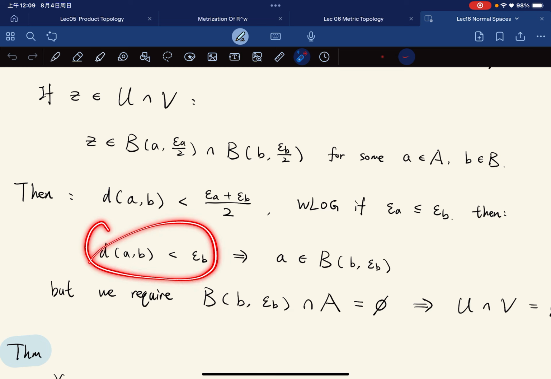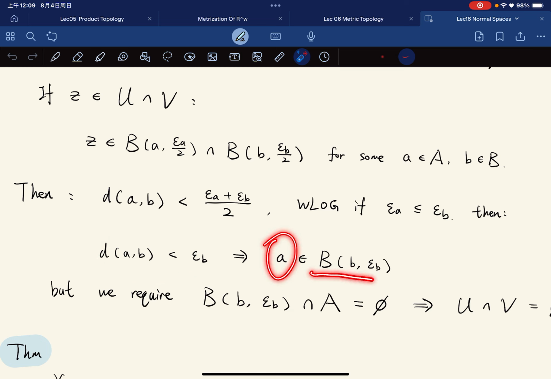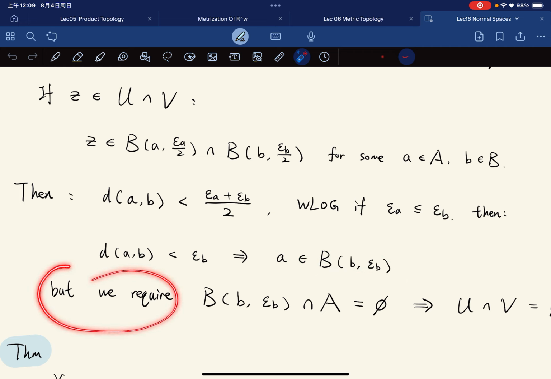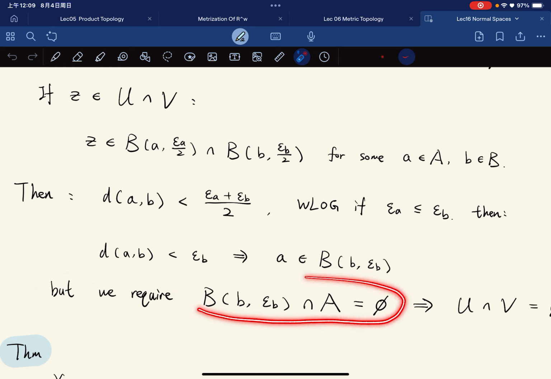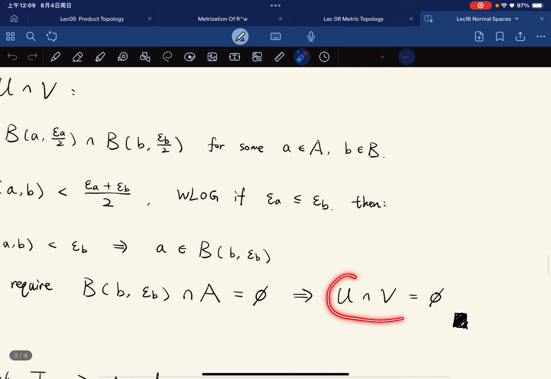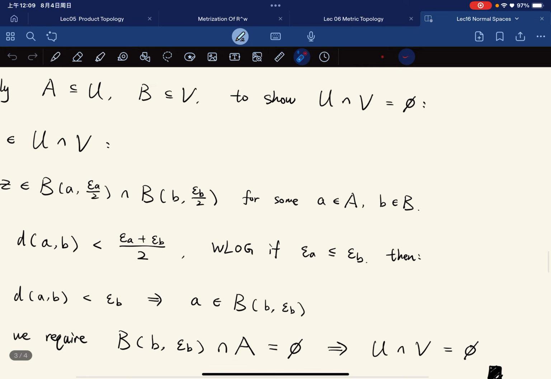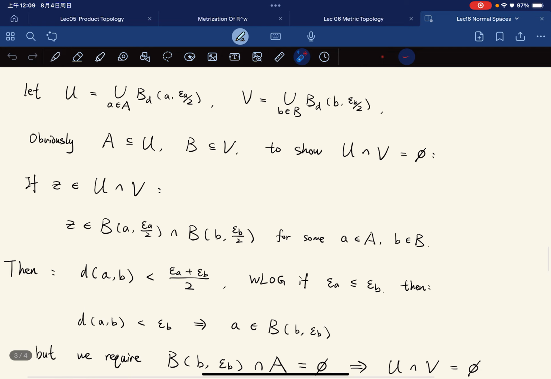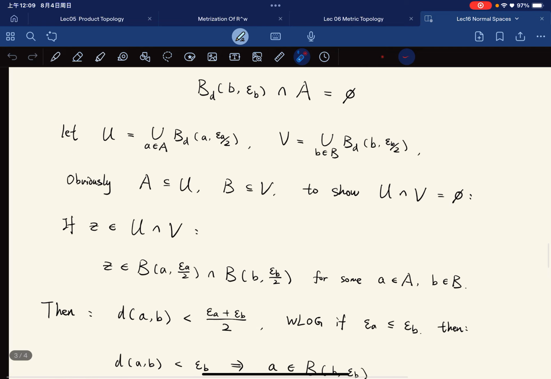So what we get here is that a is in the epsilon_b neighborhood, the ball around b. But remember, we require that all such balls in A are disjoint from B, but now we have an element a in A such that it is in this ball. So it's a contradiction, so U and V must be disjoint. Okay? So we're done with metric spaces.